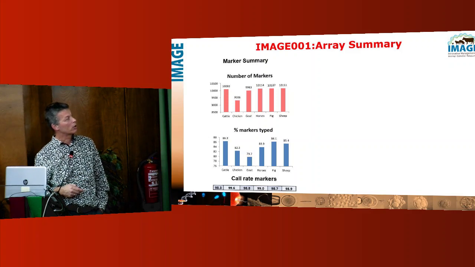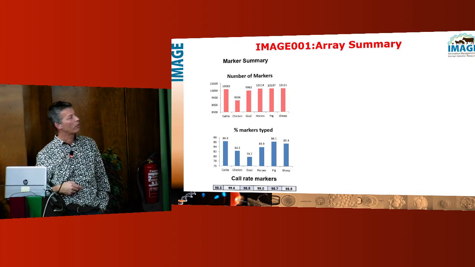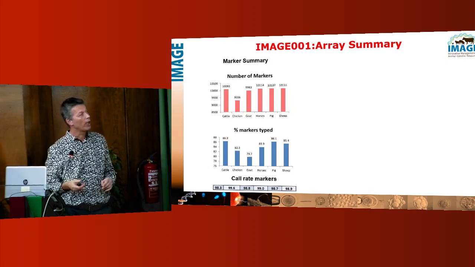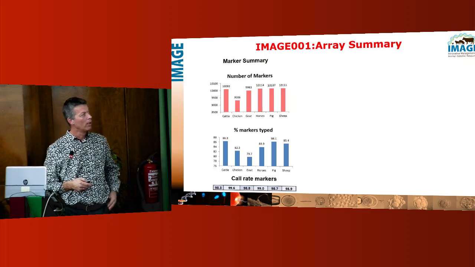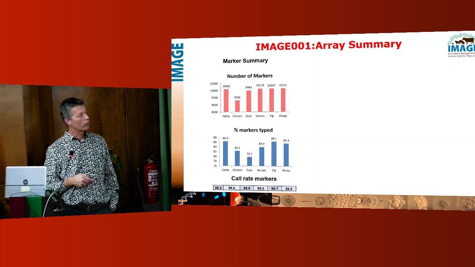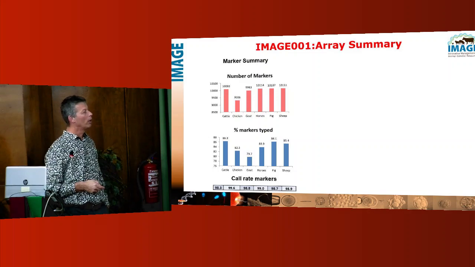The number of markers: what we're going to see is the percent of markers which are typed, which is a little bit biased compared to what you can see in percentage. We have one plate which was a failure, so 384 samples have to be done again. So probably the number of animals and the different species will go up.